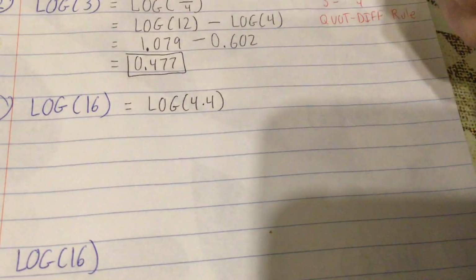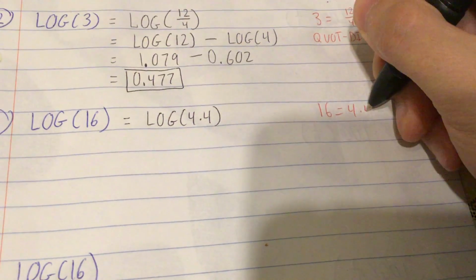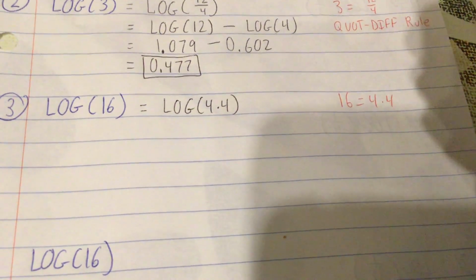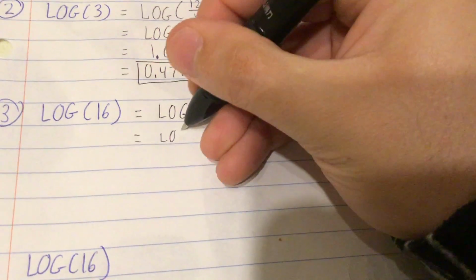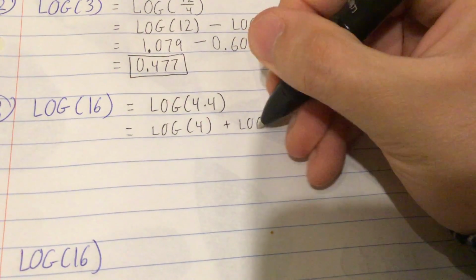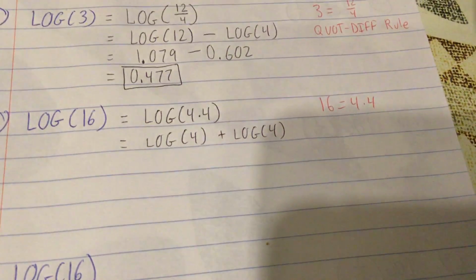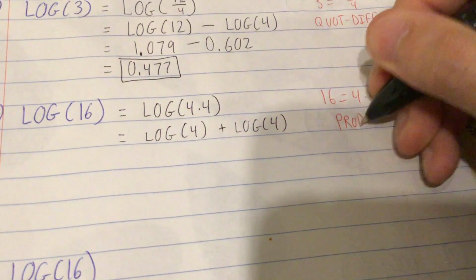So I can do log of 4 times 4, because 16 is equal to 4 times 4. I can expand this to log of 4 plus log of 4. And that becomes the product sum rule.